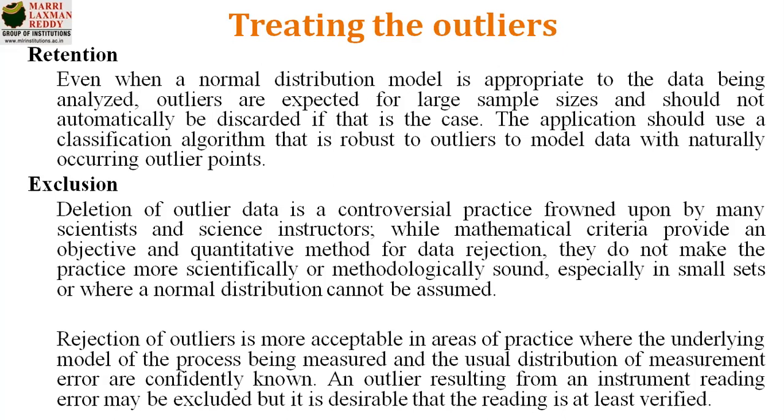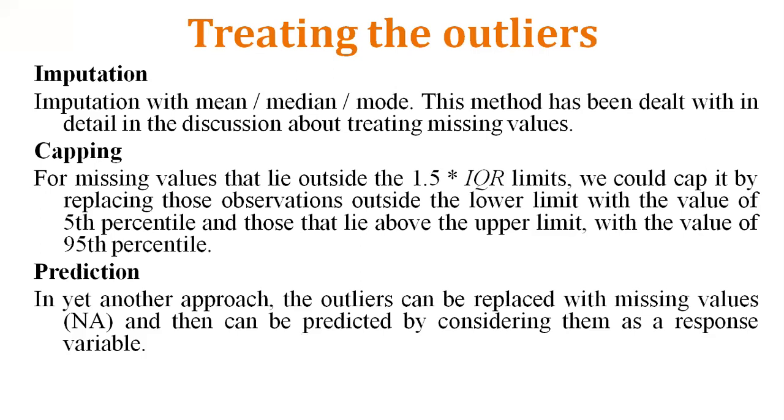Okay. And the next method is imputation. The imputation method uses mean, median, and mode to identify which value is an outlier and which value is not. And the next method is called capping. The capping method uses a box plot to treat the outliers. For values that lie outside the interquartile range, you can see here 1.5 into IQR.